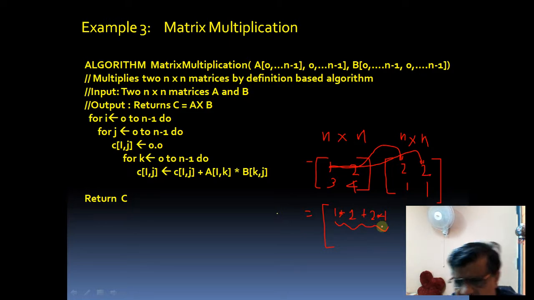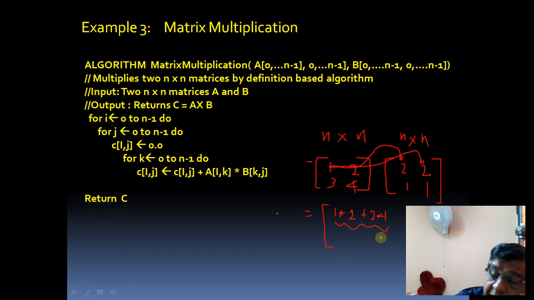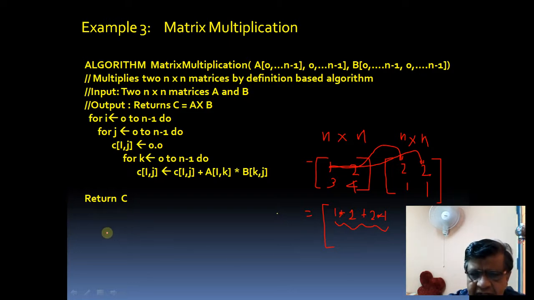Every element should be generated afresh. Therefore, in matrix multiplication we have to remember three mechanisms are involved: to generate columns, to generate rows, and to generate elements themselves.